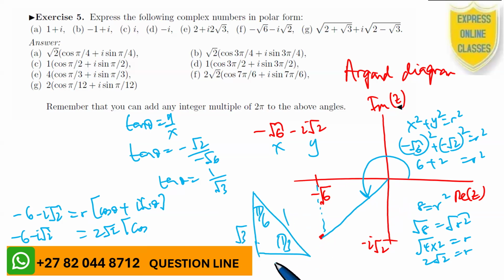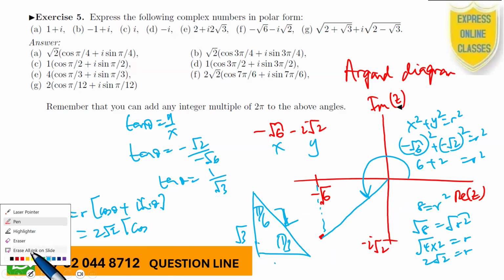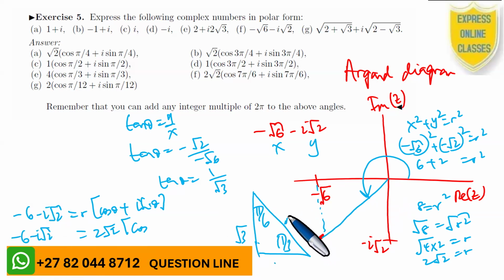So now the angle theta: if you have 1 over the square root of 3, it is exactly opposite over adjacent, which is pi over 6.